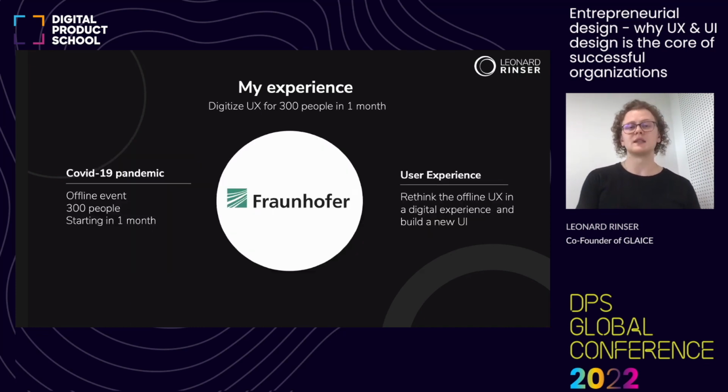For example, another example, at Fraunhofer, we had a 300 people event and the COVID-19 pandemic came. And so we needed to rethink a whole user experience of an offline event. And it was not only building a product, it was about building an event and how does it feel and how can we create an interface for our event, for the people, so that they really love to interact with it.